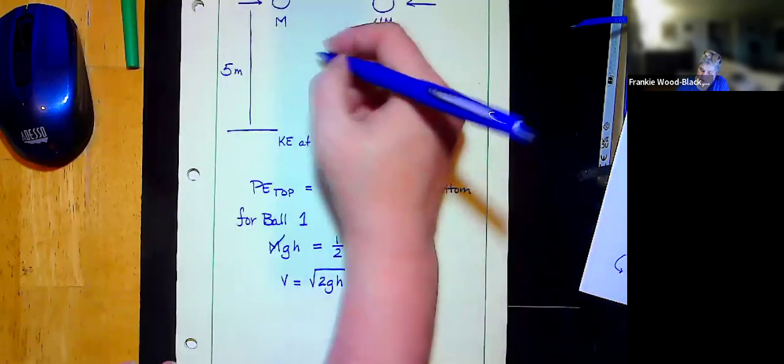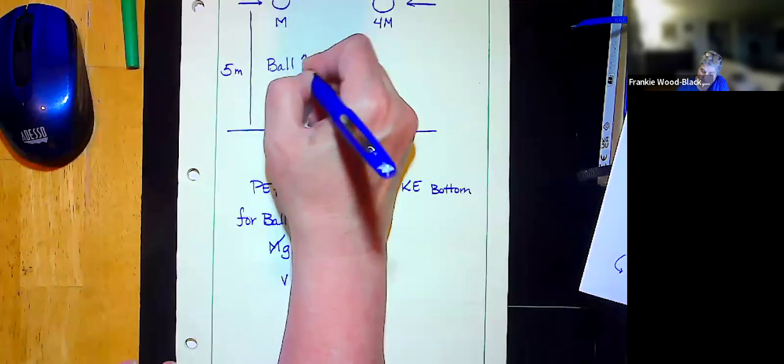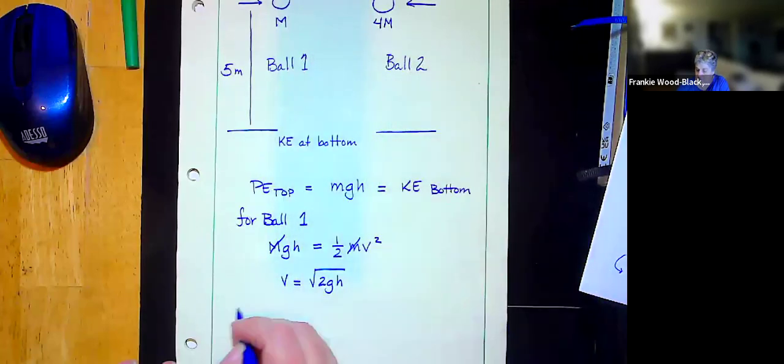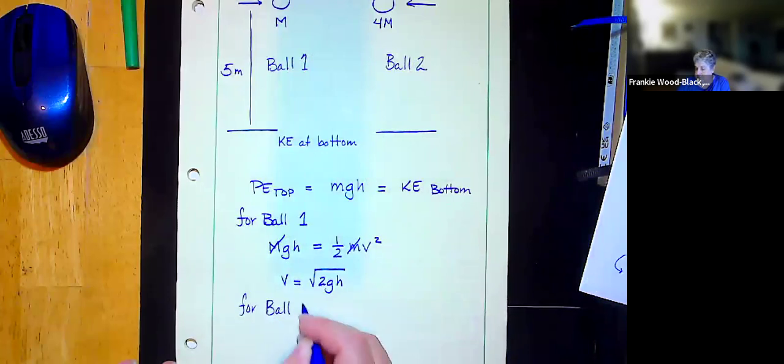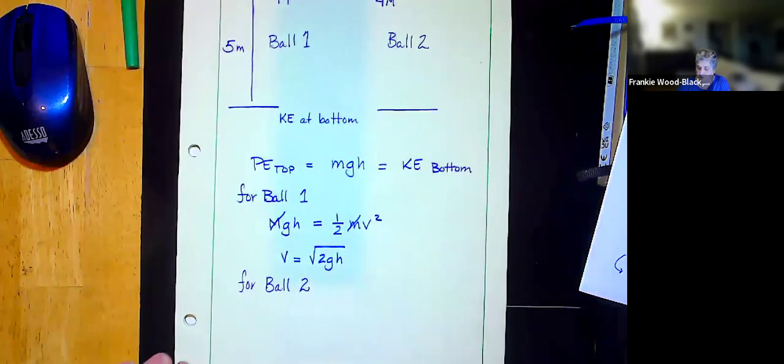For ball 2, I'm going to get 4mgh is equal to 1/2 4mv squared.